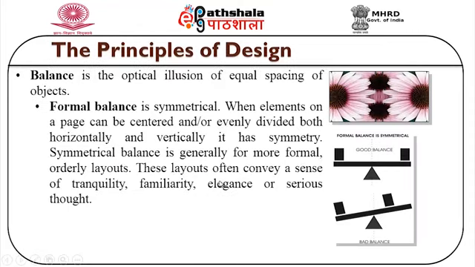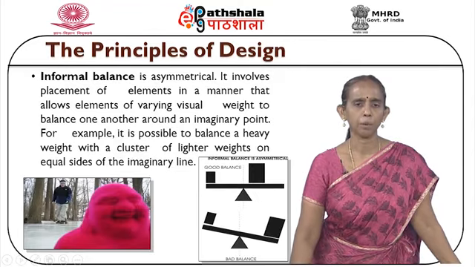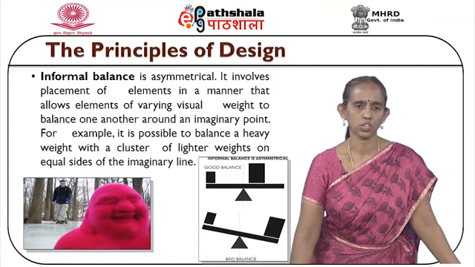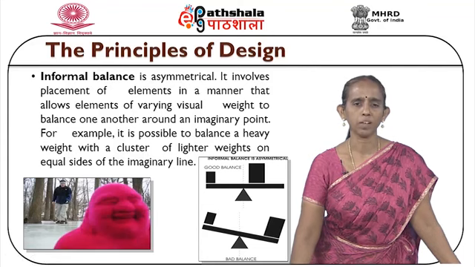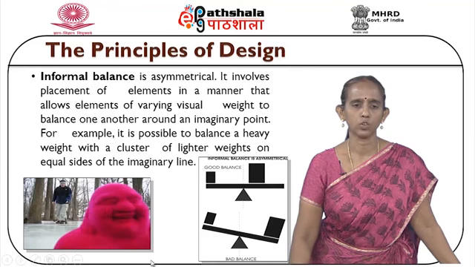This is informal balance. In the case of formal balance, we have seen that it should be symmetrical in nature, which means the elements are supposed to be placed at equal distances to each other. In the case of informal balance, it is asymmetrical in nature, and it involves placement of elements in a manner that allows the elements of varying visual weights to balance one another. So here we can see that there are two different objects.